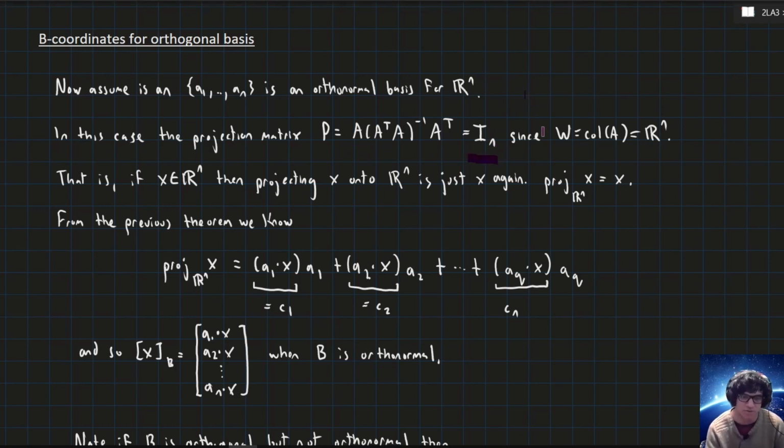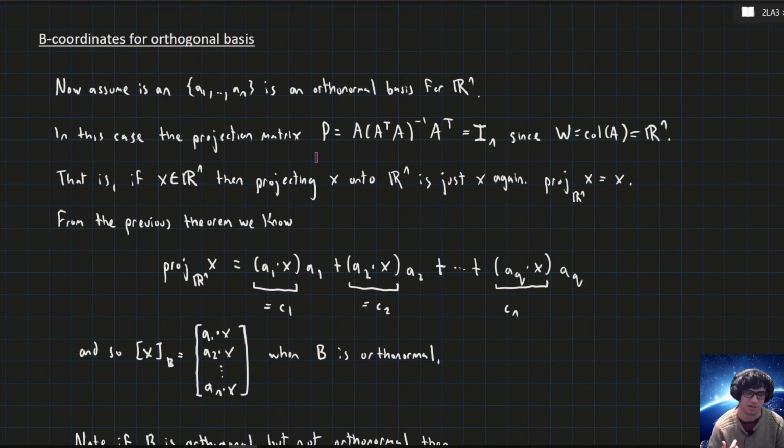Now, the space W which we're projecting onto, what is it? It's the column space of A, and in this case it's going to be all of Rn, because we have n many independent vectors. So this is a bit strange. Before, we were projecting onto smaller subspaces in Rn. Now we're projecting onto the entire space.